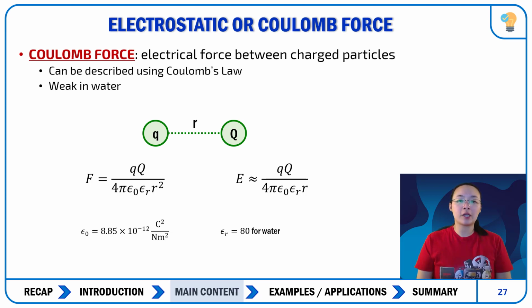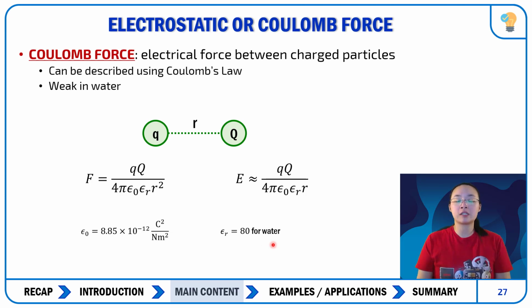So the first one we want to look at is the Coulomb force, or the electrical force between charged particles. We can use Coulomb's law to model this, where we take each molecule or particle as a point source with a charge little q or big Q, and you just apply Coulomb's law. They're a distance r apart, and we have the electrostatic force being kqq over r squared. In this case, k is equal to 1 over 4 pi epsilon naught, and then we've introduced an additional term, epsilon r, as a factor because it's in water.